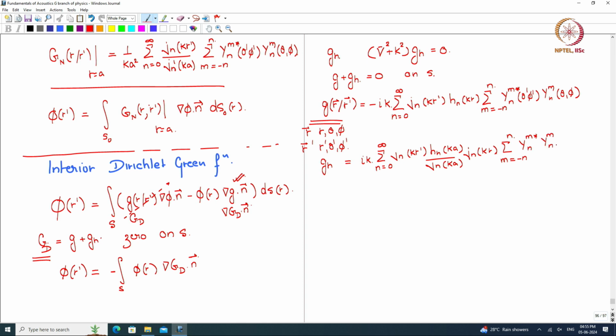I am not putting the arguments again and again. Okay. Now this has theta comma phi, this has theta phi, and this has r, and you can see that this is indeed the solution to the homogeneous Helmholtz equation, and we saw that using the method of separation of variables.